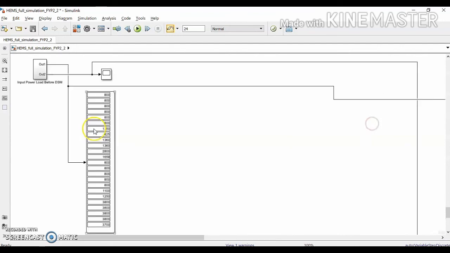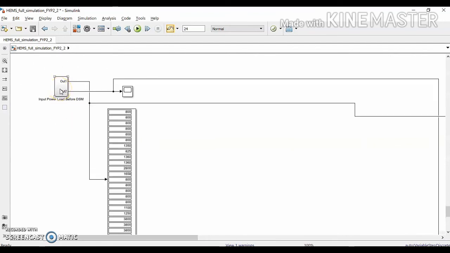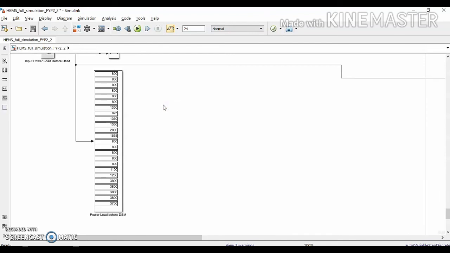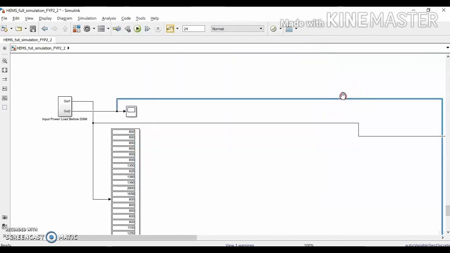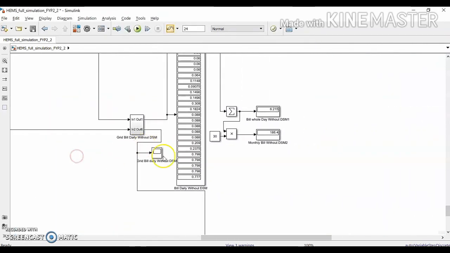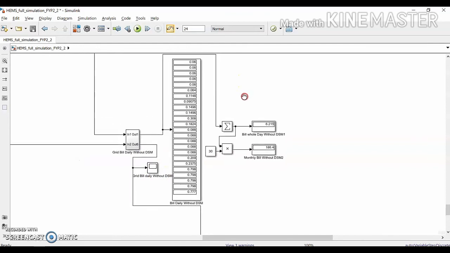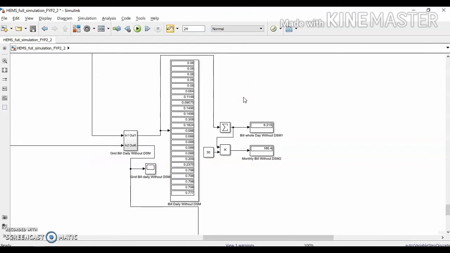So this one is the input power load that we need to put. It is before the DSM, before the 5-star ratings. So this is the input. It has a higher power load at night. This is the bill before we use the DSM, without DSM.